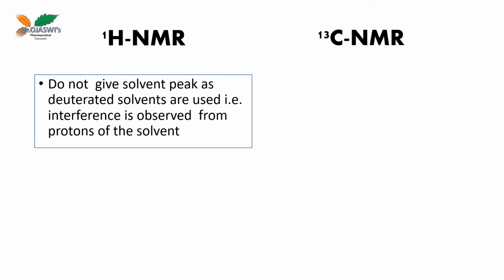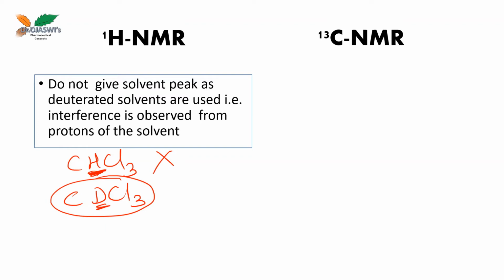If the solvents are not deuterated, see CHCl3, I cannot use it as a solvent in 1H NMR because the hydrogen of the solvent will get recorded in the NMR spectrum, and thus we use deuterated solvents. Instead of hydrogen, deuterium is placed over here, so this solvent is used. If I am using this solvent, it will not show any peak of hydrogen in the NMR spectrum.